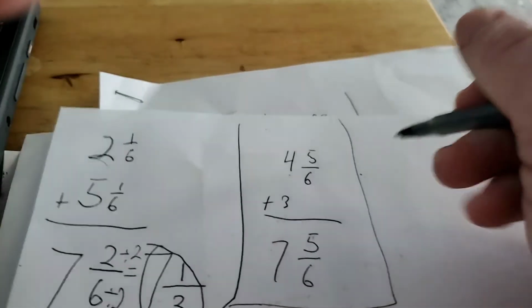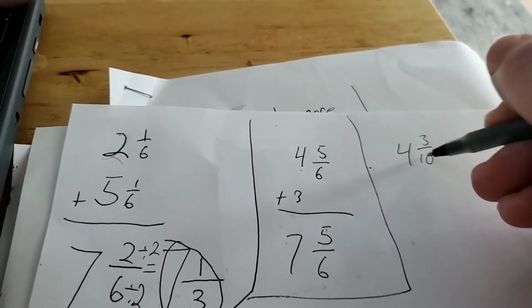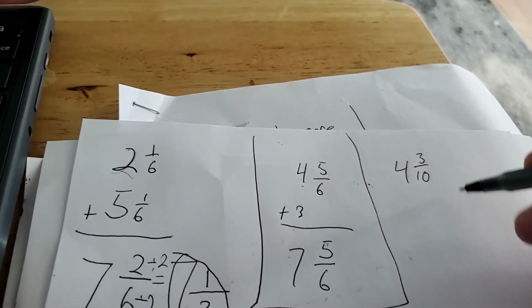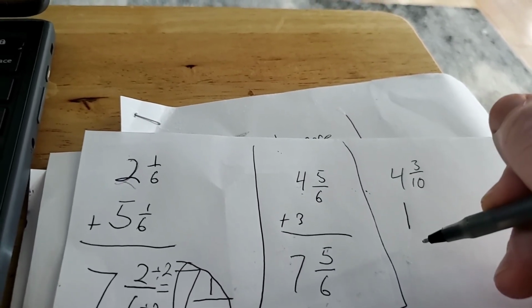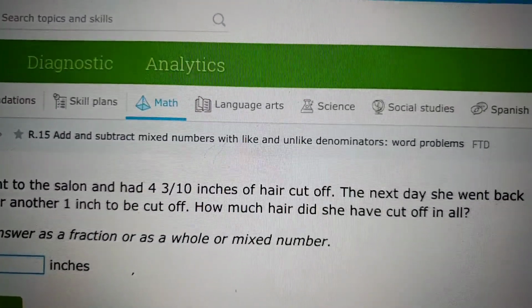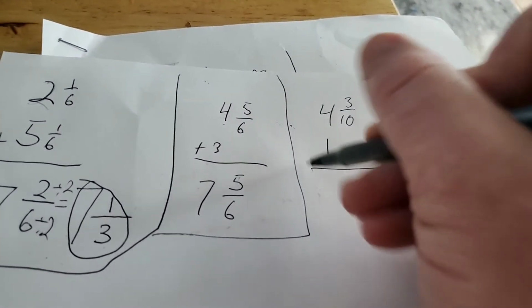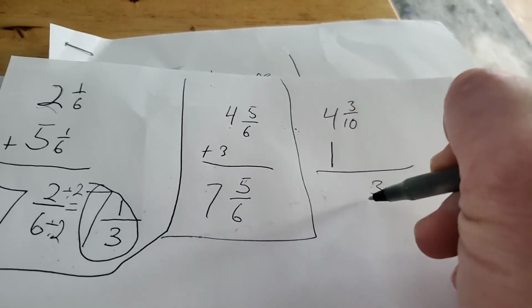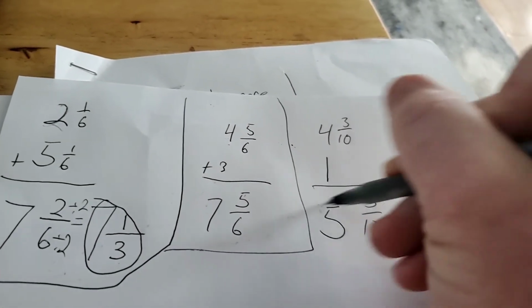All you have is the 4 3/10 inches, and she's going to add 1 more inch cut off. So the clue at the end, when it said how much will be cut off in all, is another clue that you're going to be adding these 2. You keep the fraction the same because there's nothing to add to the fraction part, and 4 plus 1 is 5. Come on, give us some tougher ones.